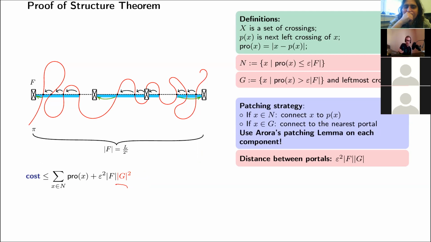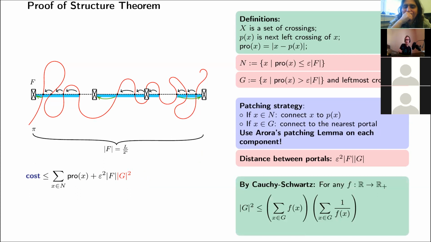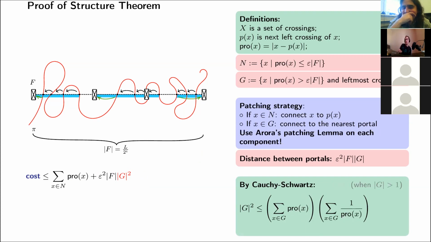What I want to do now is bound this G squared here, and we will use Cauchy-Schwarz that says that G squared is bounded by this function f times this reciprocal of this function f. It works for any function, so it will work for the proximity function, and we have this inequality. And what is this now? That's pretty cool. That's basically this total length of this proximity is the total length of this whole face.